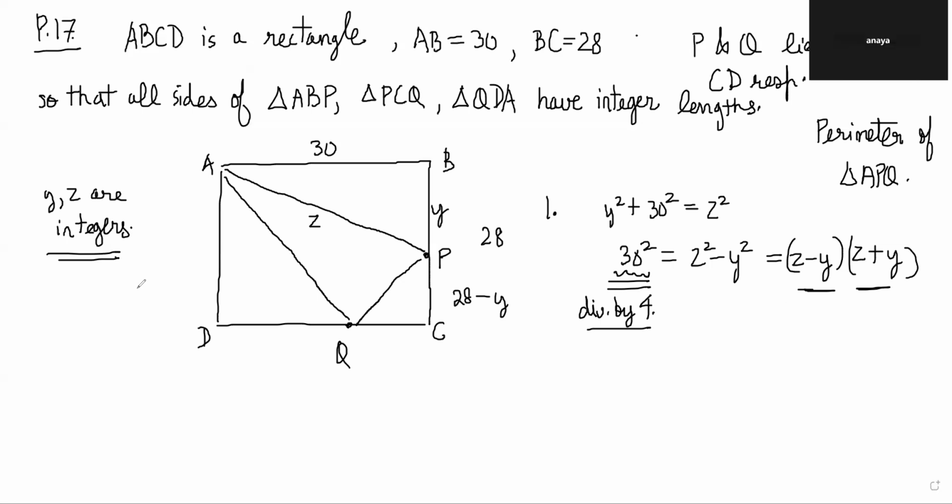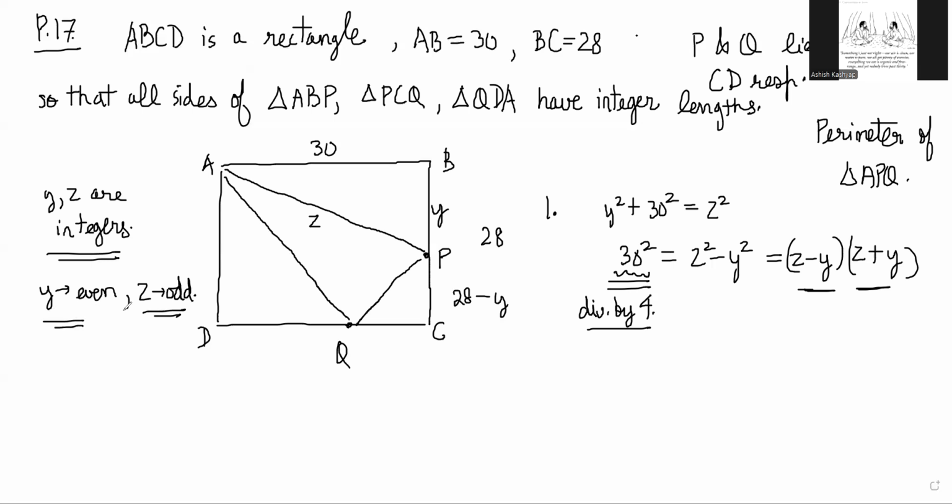Why? Because if let's say one of them is even and one of them is odd, then y plus z is also odd and y minus z is also odd. That won't work, no? Right. You need to make sure that that will definitely not work because the right hand side is divisible by 4.